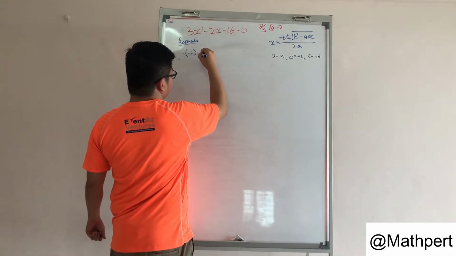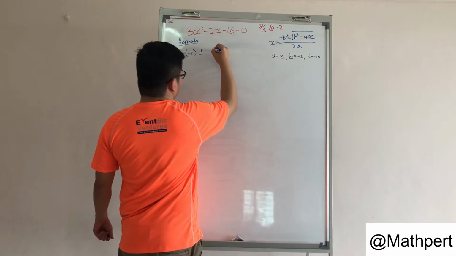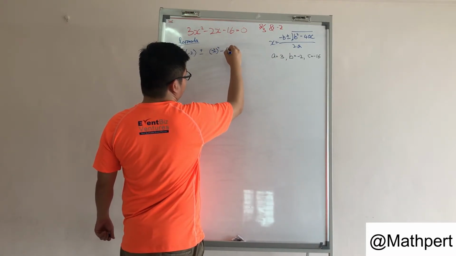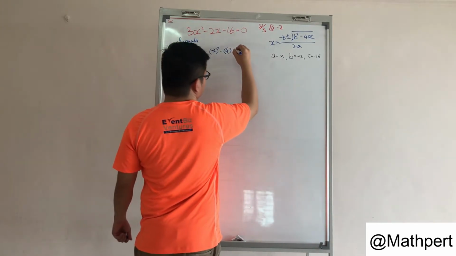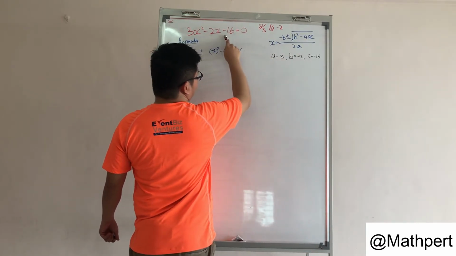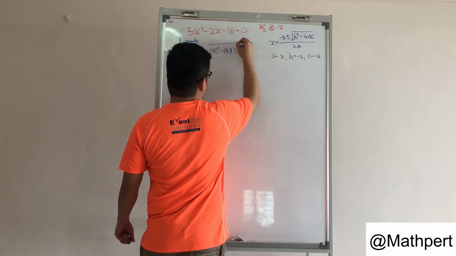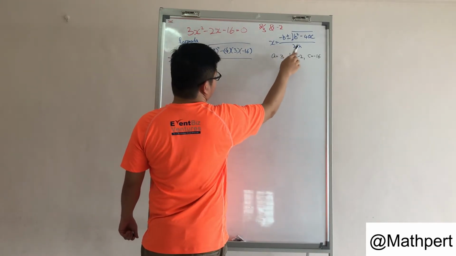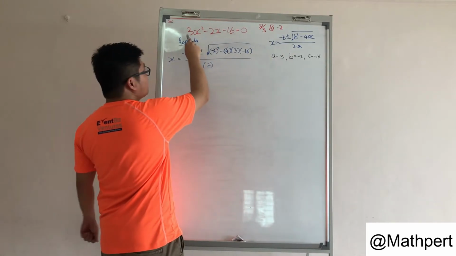Plus minus the square root of b squared, b is negative 2, negative 2 squared minus 4, a is 3, which is here, c is negative 16 over here, the whole thing square root, over 2a. 2a is 3, which is here.